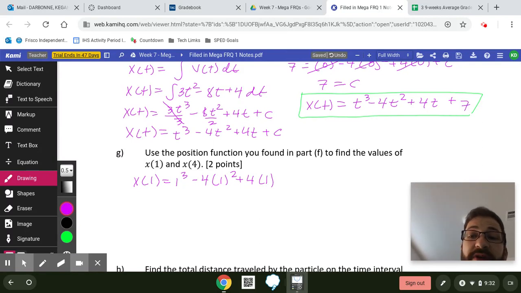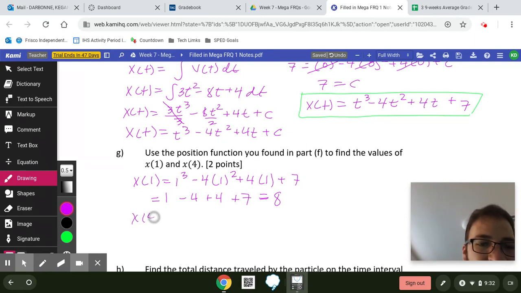Okay, so plus 4 times 1 plus 7. So that gives us 1 minus 4 plus 4 plus 7, which equals 8.